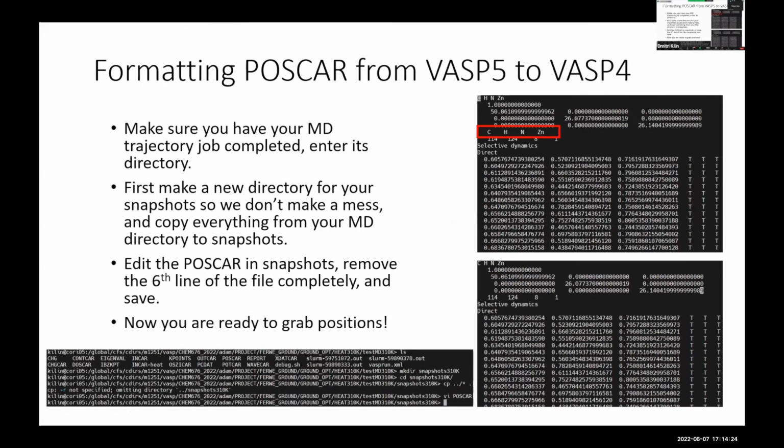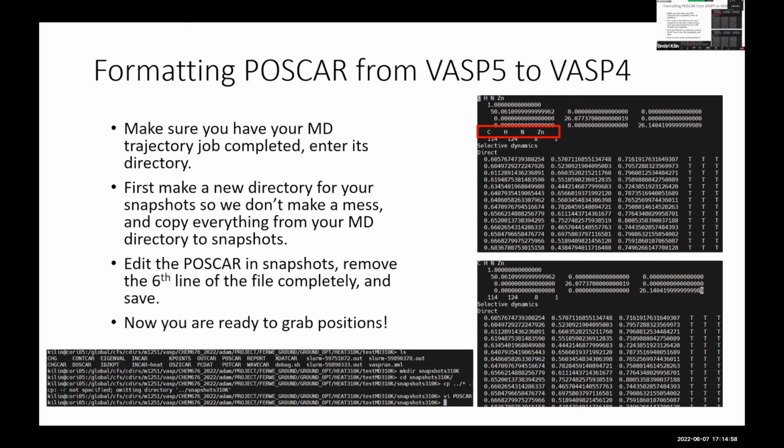If you don't convert from VASP5 to VASP4, when the script runs, it's supposed to print out all of the coordinates one after another, and you'll get a really long list. But if you don't do this, it's just going to be blank. You're going to be left confused. And what makes that worse is that it's still going to make these p number files. So you're going to have a big mess of a directory, and it's not going to be fun.